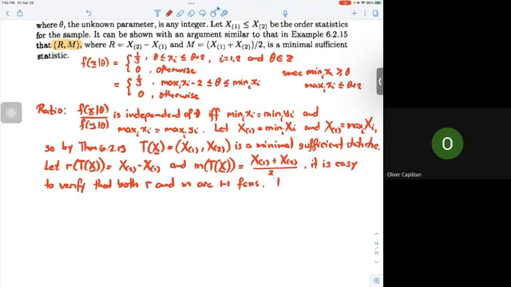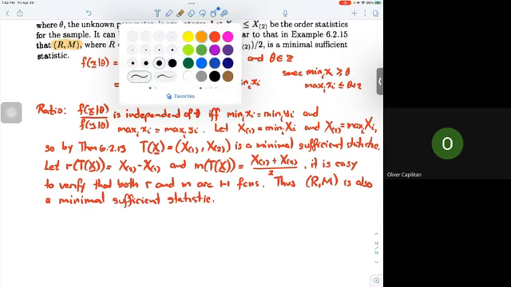Thus, this statistic containing these components R and M is also a minimal sufficient statistic.